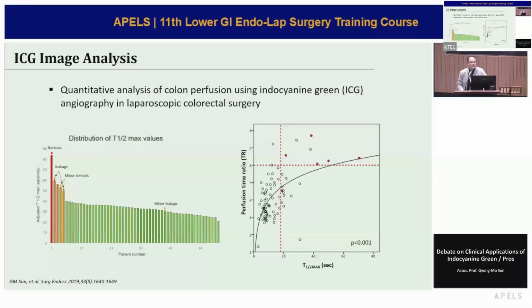So in my cases, I found that the complication cases are gathered in this area. This area has time-delayed fluorescence images, so the time ratio is also delayed, and T-half max is also delayed. So this patient actually has a very high risk in perfusion status.